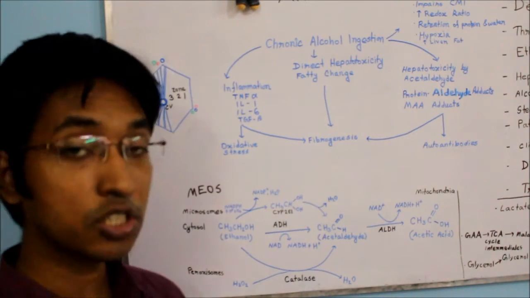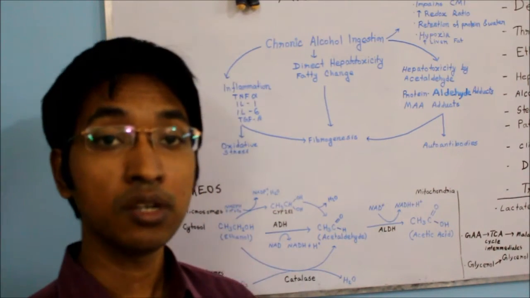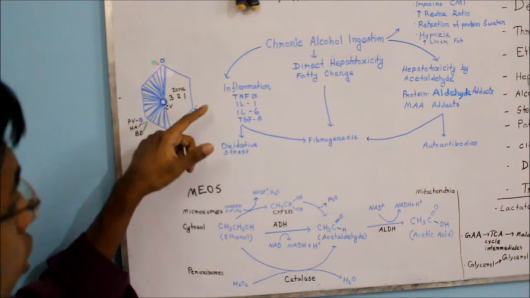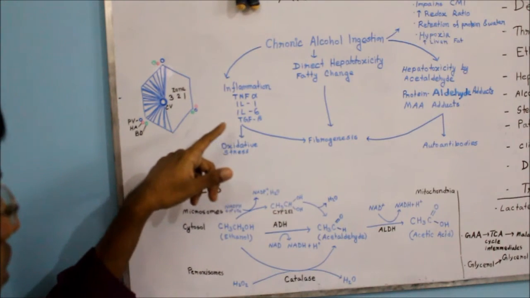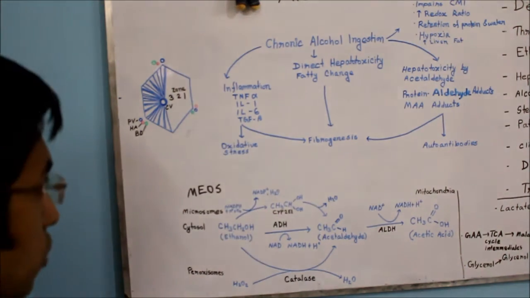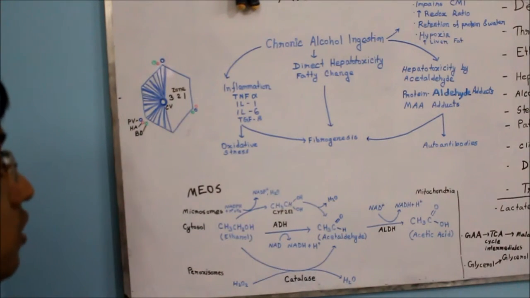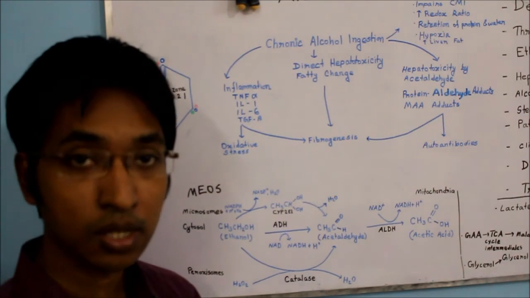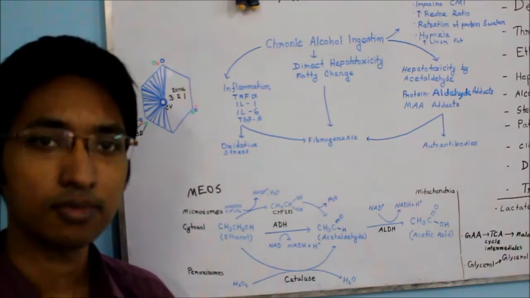There will be a condition known as endotoxinemia, and also inflammation. There will be liberation of tumor necrosis factor alpha, interleukin 1, interleukin 6, transforming growth factor beta, etc. All these things will result in inflammation, and they will damage the liver. So that was the third mechanism by which alcoholic liver disease can happen.